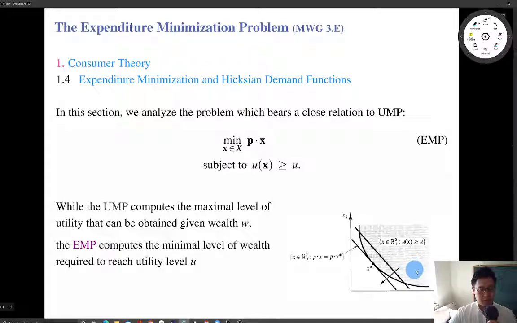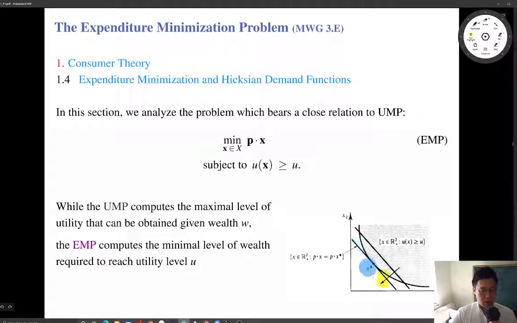the upper contour set of this level U. Now we pin down one indifference curve here, and then we adjust a budget line. If we set the minimum expenditure for achieving this level of utility, that gives us one budget line here.